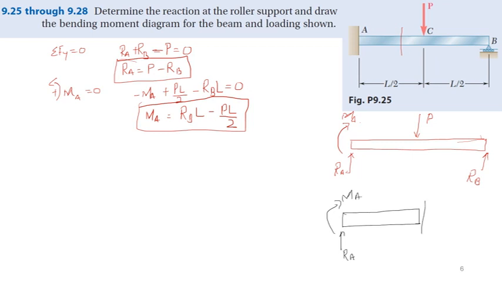Shear force acting downward we will take positive, and moment, this is positive, and let this distance be x. Okay, now this cross section is available from A to C, right? That is between A and C.